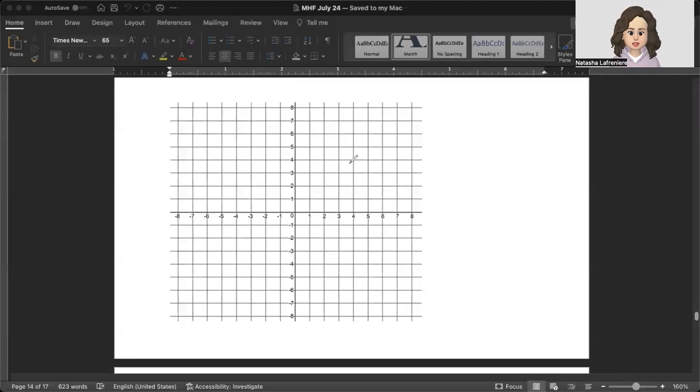So we said that our asymptotes are 1 for your vertical, and then we've got our 2 for horizontal asymptote.